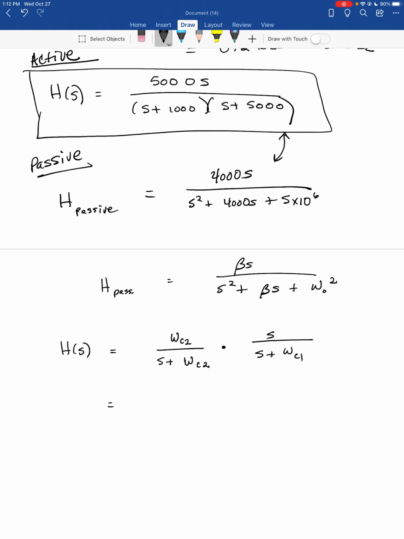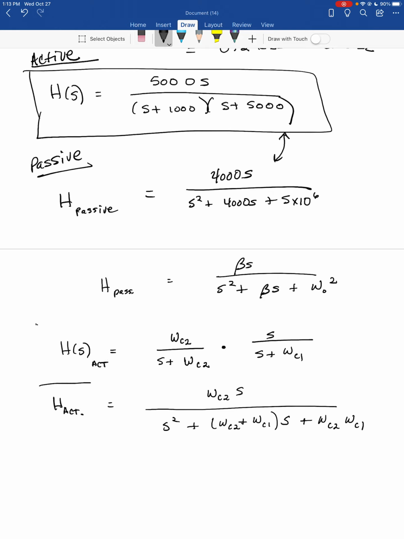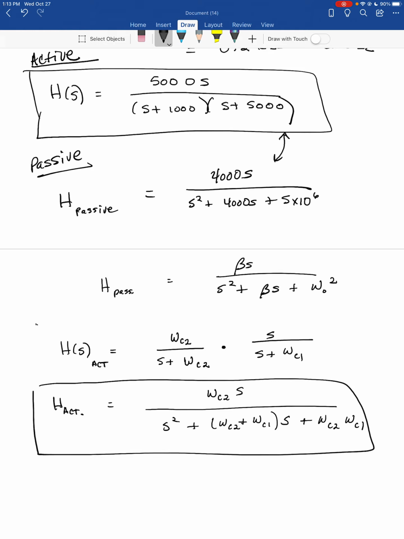If we multiply that together, we get omega C2 S over S squared plus (omega C2 plus omega C1) S plus omega C2 omega C1. So this is just the algebra associated with multiplying the active high pass and the active low pass.